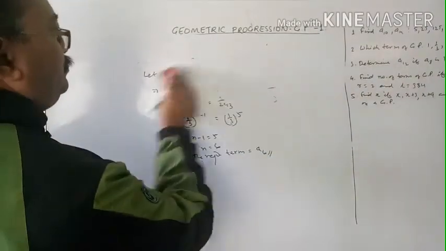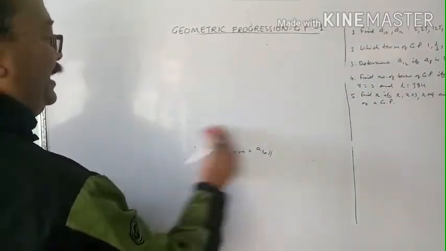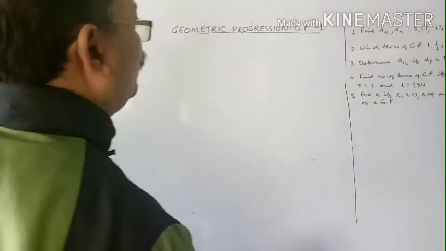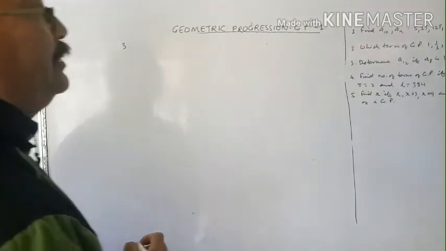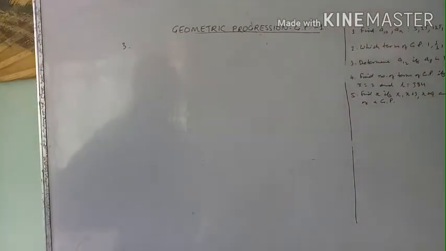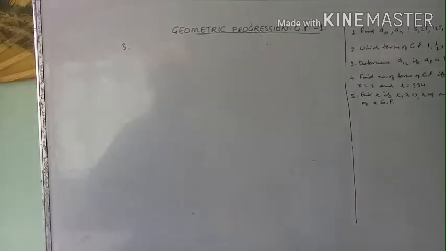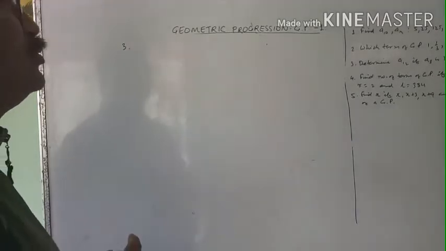Now, next question, that is question number 3. It says determine the 12th term if the 8th term is 192 and the common ratio is 2. So we have to find the 12th term A12 if the 8th term A8 is 192 and r equal to 2.